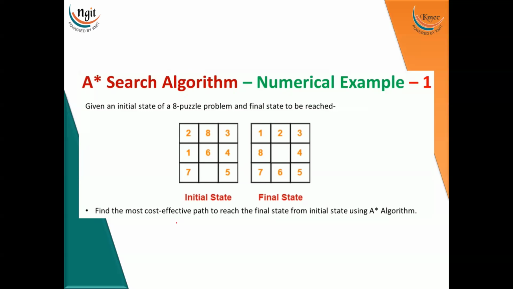You have to find the path from start state to goal state of this 8 puzzle problem using the A star search algorithm. Already with the heuristic function, I told you how to calculate. Now, along with the heuristic function, you should also find the path cost, and then you have to find the solution for this. This is one assignment example for you. Just solve this 8 puzzle problem using this A star search algorithm.